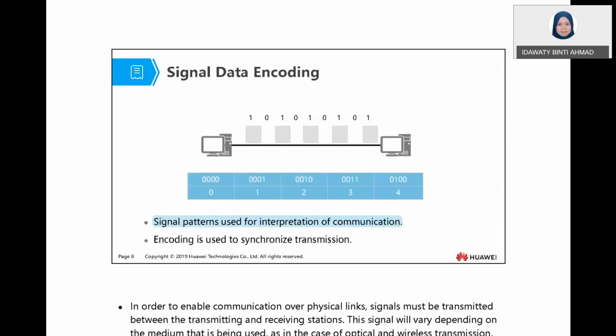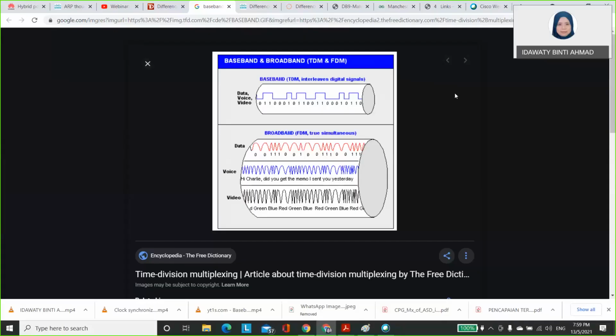Before we go to signal data encoding, I forgot to share with you the difference between baseband and broadband. As you can see here, with baseband only a single frequency is used for all types of data.